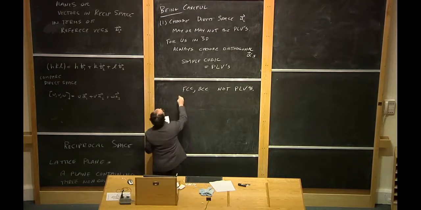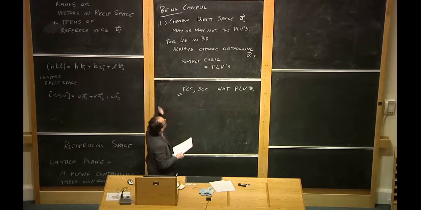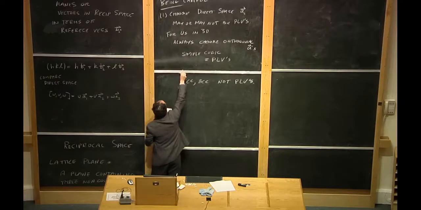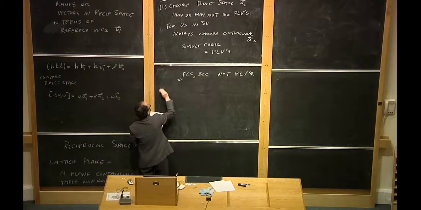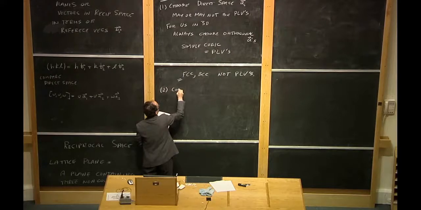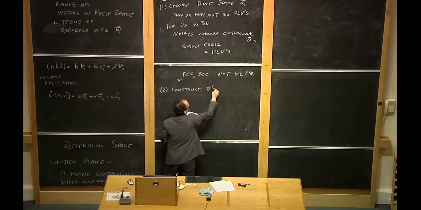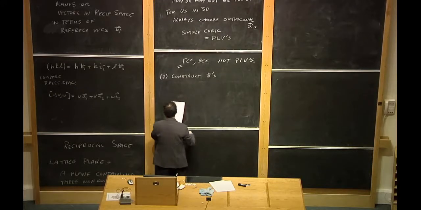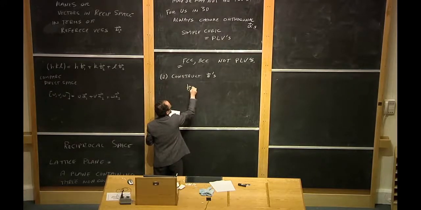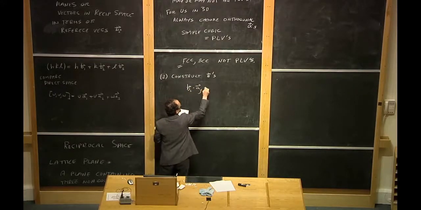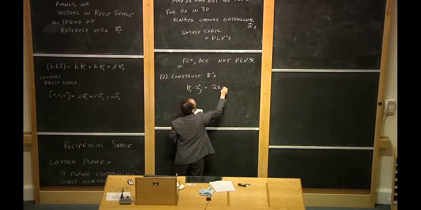Given that we've defined these A's, we then construct B's, step 2, by b_i dot a_j equals 2 pi delta ij.